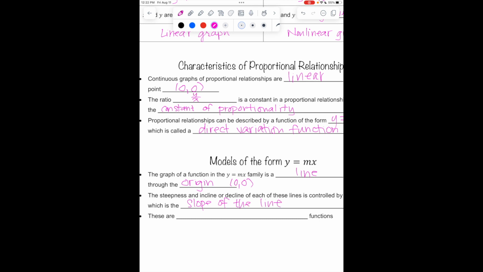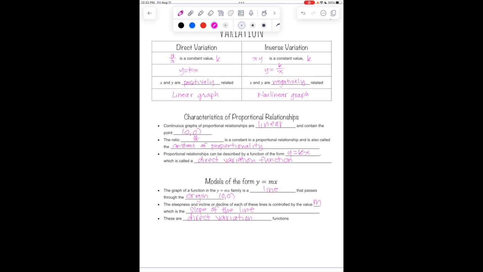And these are those direct variation functions. So that's some information about variation. You're mostly going to be working with direct variation, which is why it's a little bit more detailed, but just know that inverse variation is a thing.